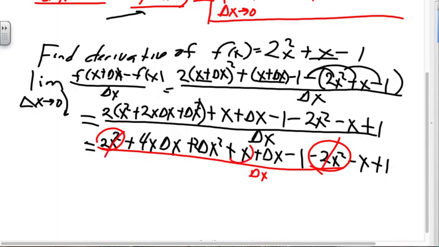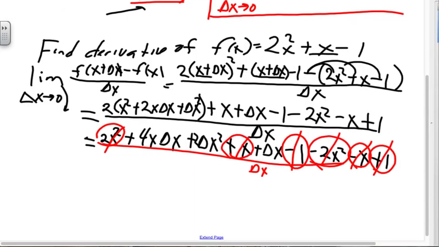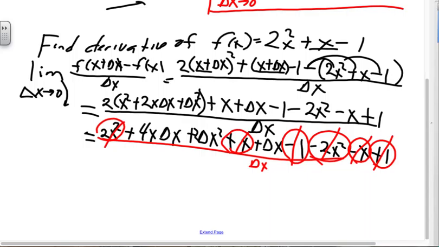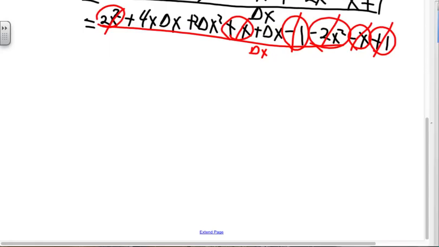Okay, here's one without a delta x, and sure enough, I've got a negative 1 and a plus 1. So those go away. And if you do it right, and this is a nice check at the beginning, everything that does not have a delta x in it should go away.